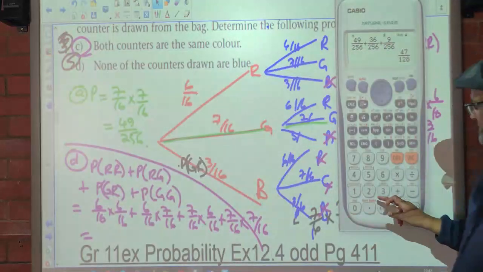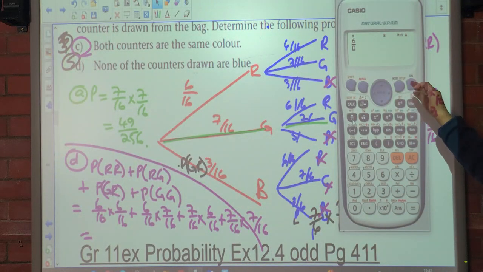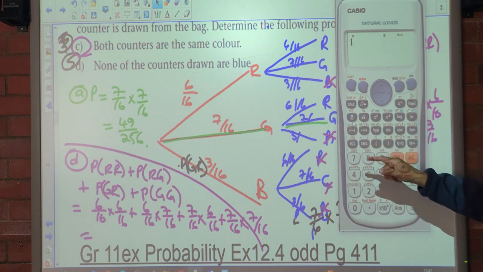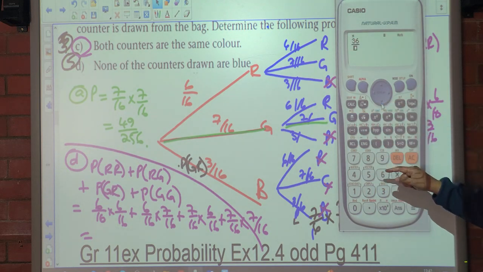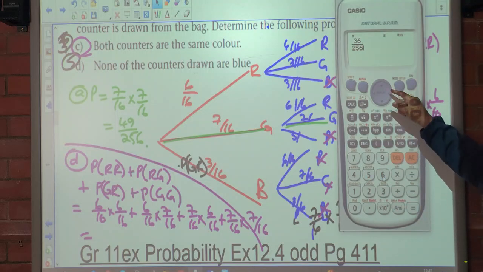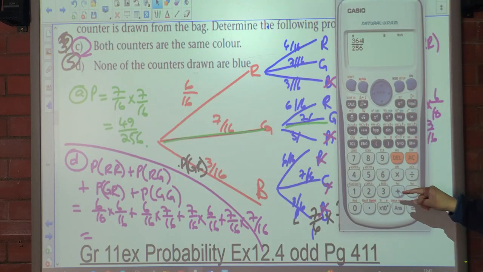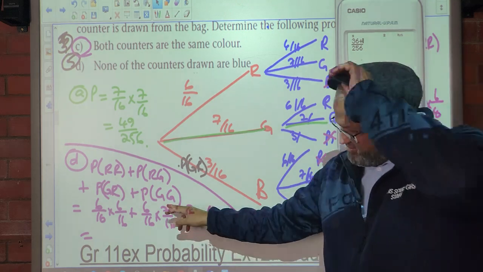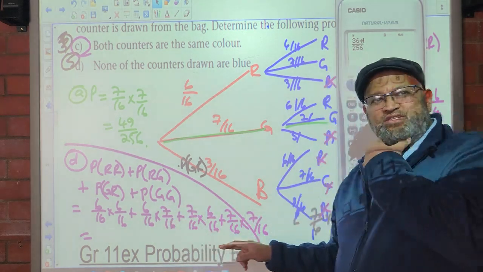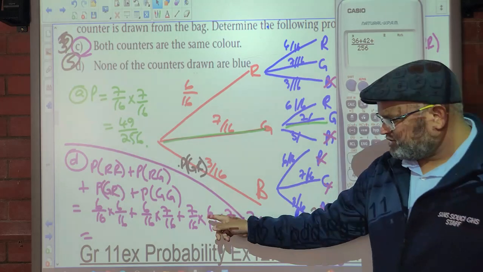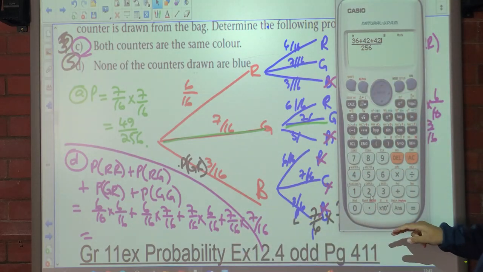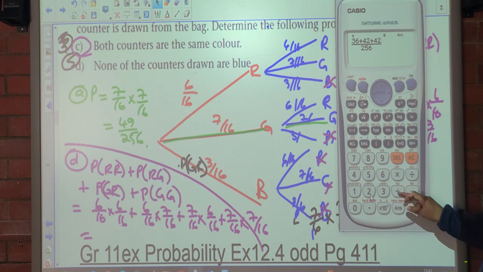Now that gives us 36 over 256, plus 6 times 7 is 42 over 256, plus again 42 over 256, plus 49 over 256.